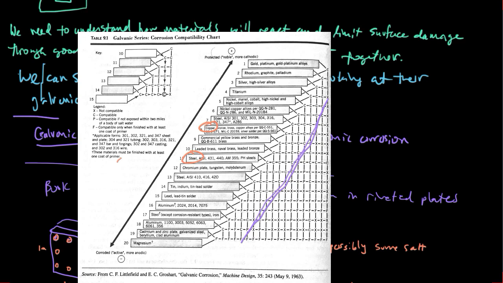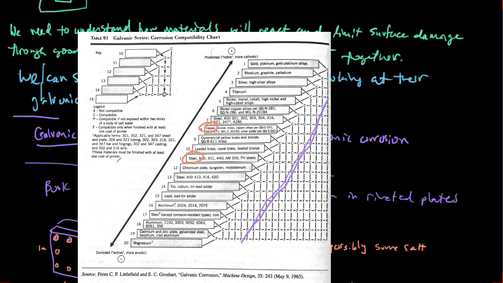Doubling the amount of steel wouldn't really have much of an effect, but if we used copper rivets instead of steel rivets and we doubled the number of copper rivets, it would double the corrosion rate of the steel plates. And so this is just sort of a qualitative way to think about this.